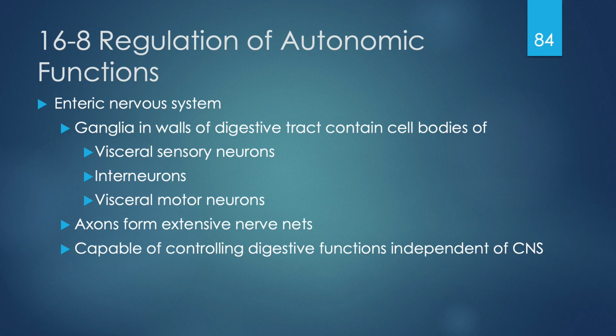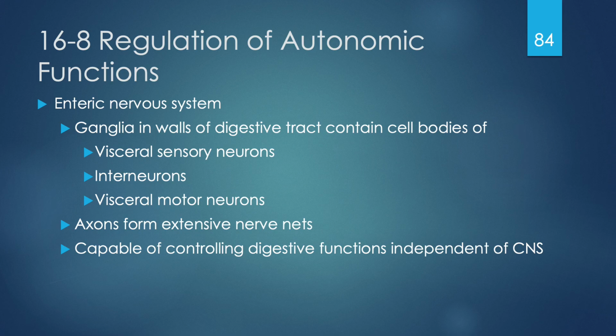And this is just a whole network of neurons and nerve networks that are in the digestive tract that allow for a coordination of multiple local complex visceral reflexes. So the enteric nervous system has ganglia that are present in the walls of the digestive tract that contain the cell bodies of a whole number of these different types of neurons. We have visceral sensory neurons, interneurons, and the visceral motor neurons having all of their cell bodies in that ganglia.